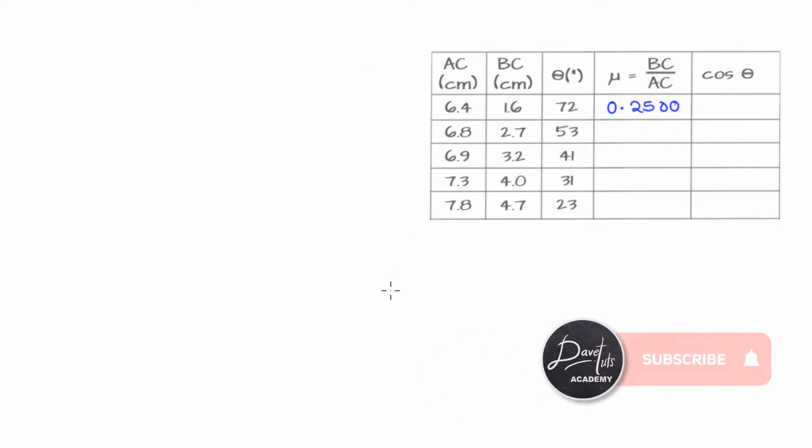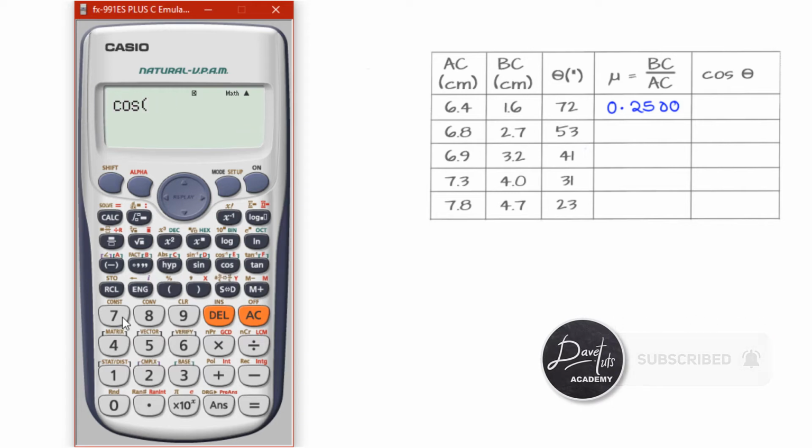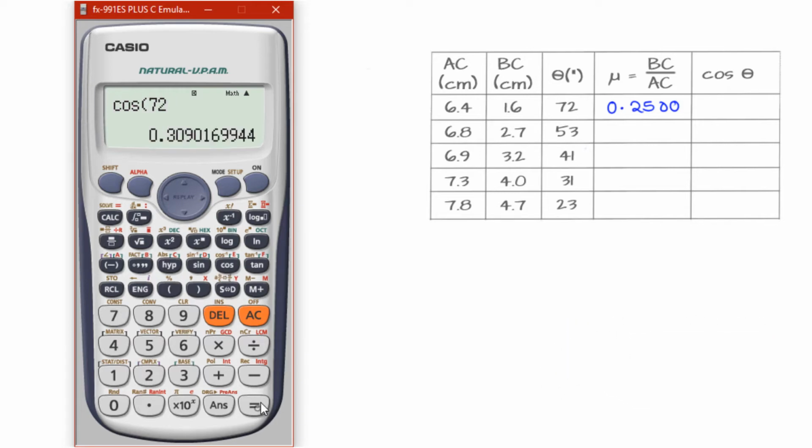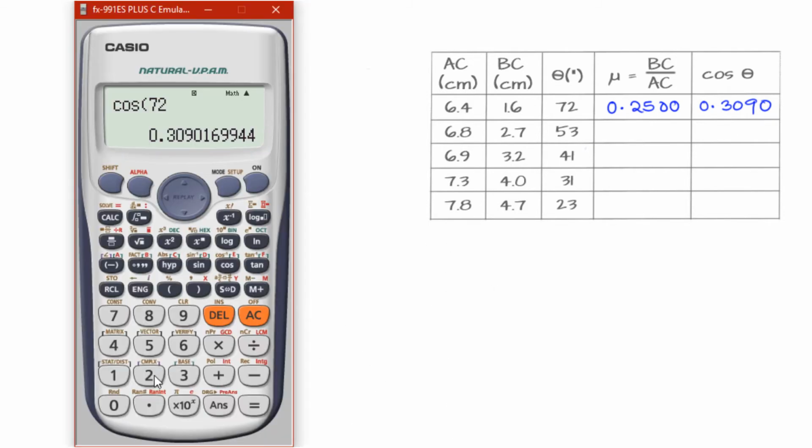If you are plotting your graph, you can approximate, but on the table of values, please include those values as much as you can. I'm choosing to use 4 decimal places. So in the first case, I'm also having cos theta, that's cos 72, and that is 0.3090. You can see I'm using 4 decimal places, and I'm going to repeat this for all the entries.